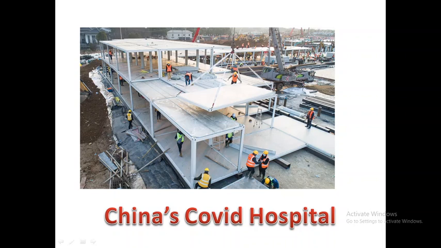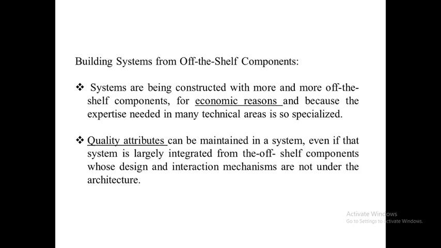Off-the-shelf components work like prefabricated components. We just pick the right component and place it in the right position, so that we can perform the work in a quicker manner. In the software field also, we reuse existing components or commercial components.